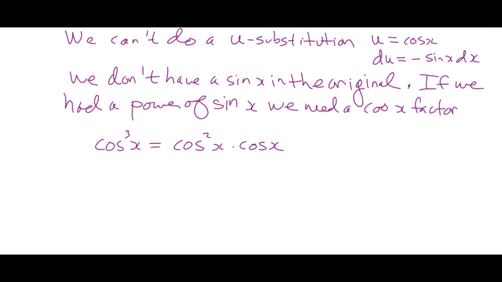The most famous of the identities: 1 minus sine squared x, times cos x. So what if we let u equal sine x? Then du would be cos x dx. And we got a cos x, right? Okay, so let's try this.